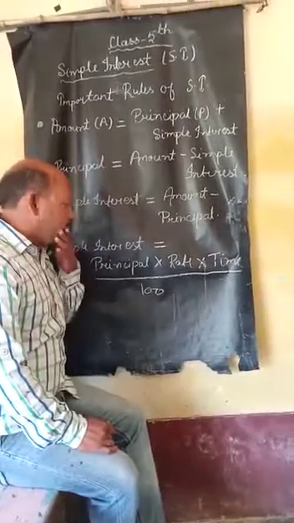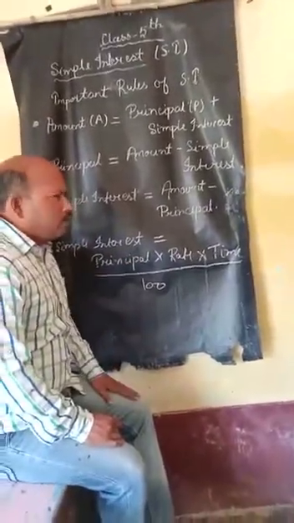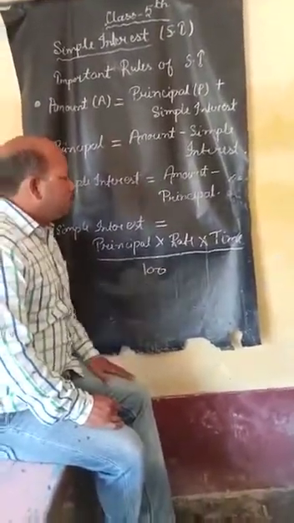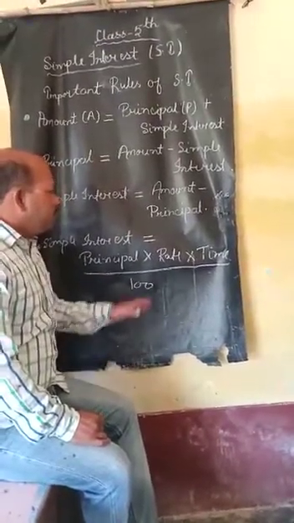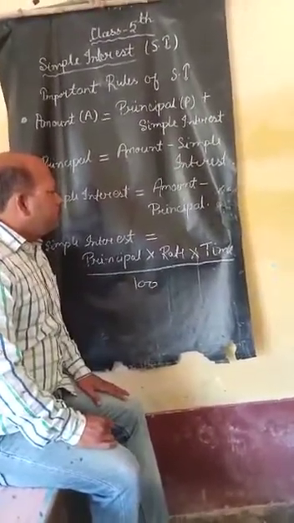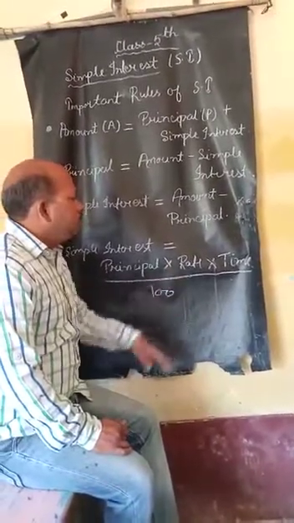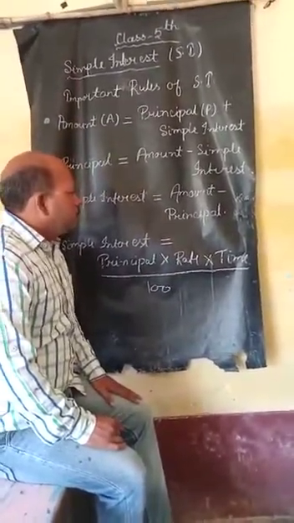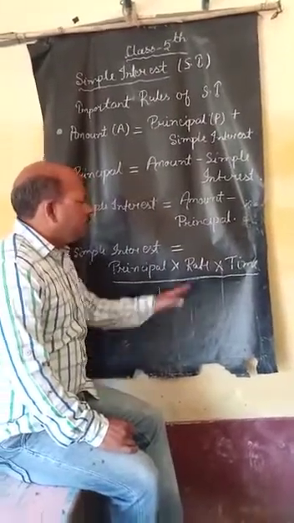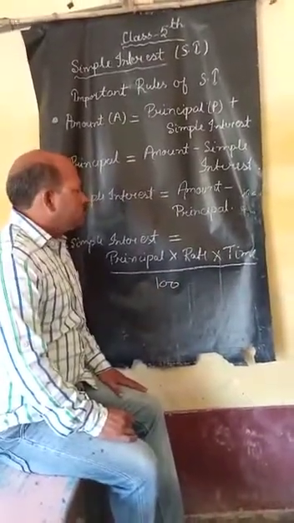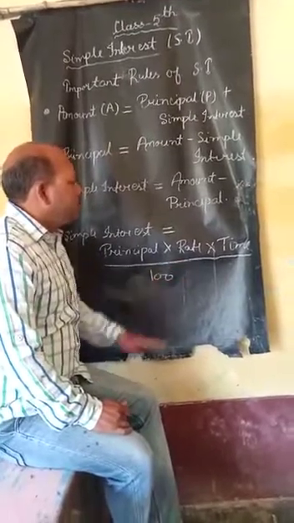If our rate is very low, like banks or other institutes, then even if we take the maximum time, our interest will be very little because our rate is down. So it mainly depends on rate.